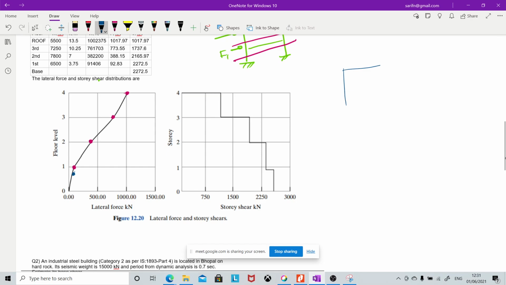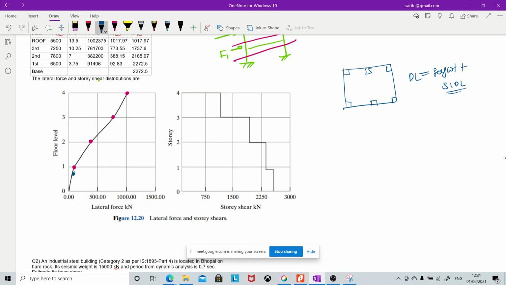You will be given the plan details, column dimension, elevation, everything. Then you first have to do the dead load calculation. Dead load will be nothing but the self weight, plus any superimposed dead load. And you have to lump them at each floor also.